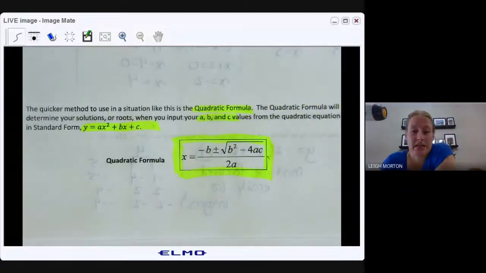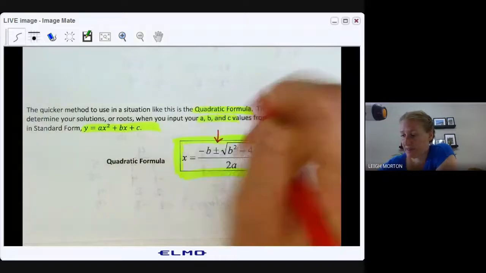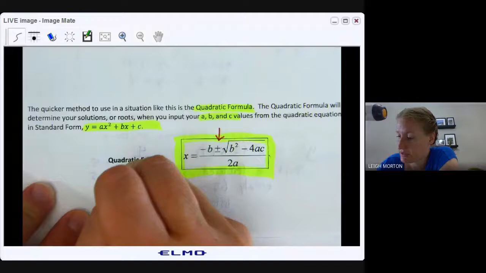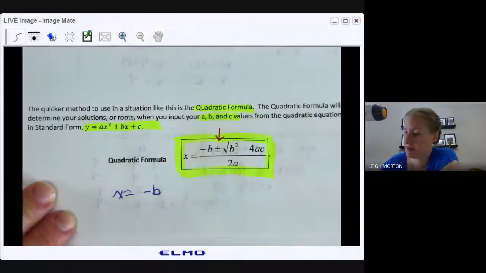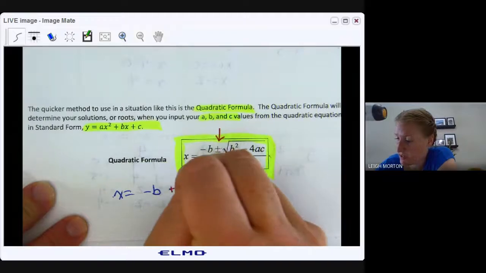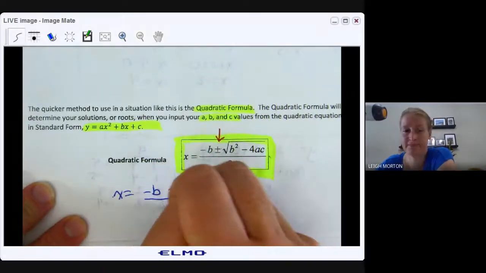Now you might be thinking, how can a single calculation give us two possible separate x values? Because of this right down here. In one calculation, we're going to have x equals -b plus the square root of b squared minus 4ac divided by 2a.